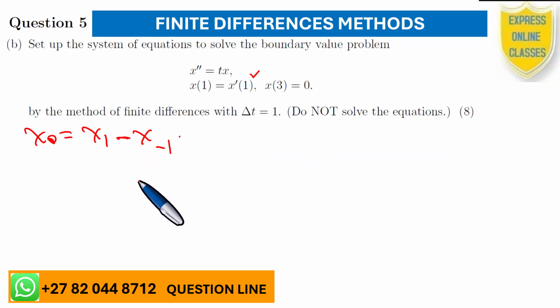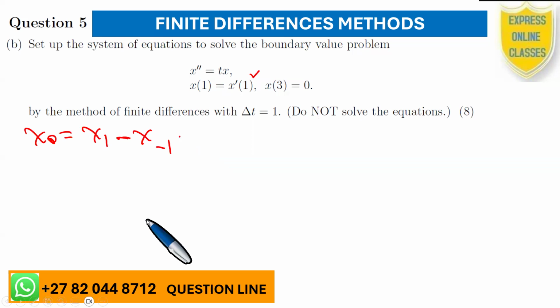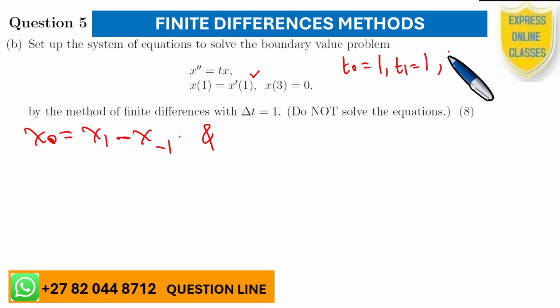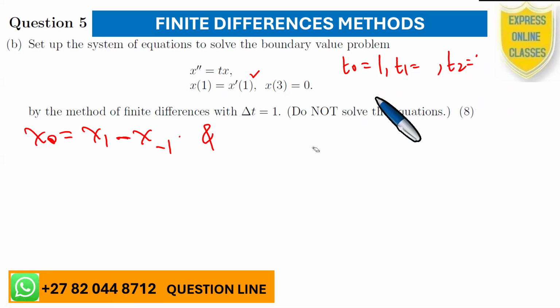So now let us check. We're going to use it together with the other conditions we have. Let us look at this one. T0 is 1. T1 is 1. T2 is, okay, T0 is 1. Then you add 1. If you add 1, you get a 2, excuse. You add 1 plus 1, you get a 2.